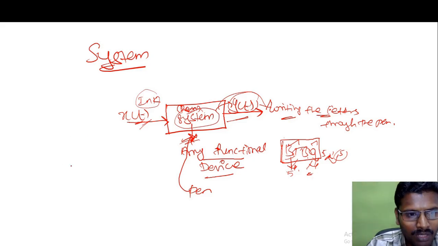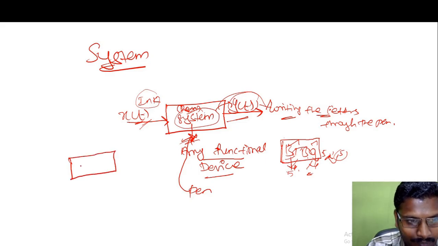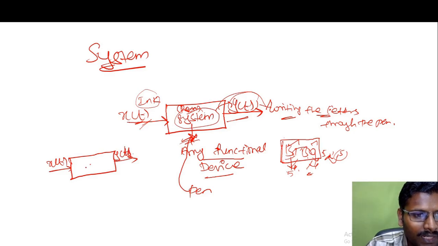I will give one more example for the system, right? Again, x of t is the input for the system and y of t is the output for the system. Here, let us assume a keyboard, right?